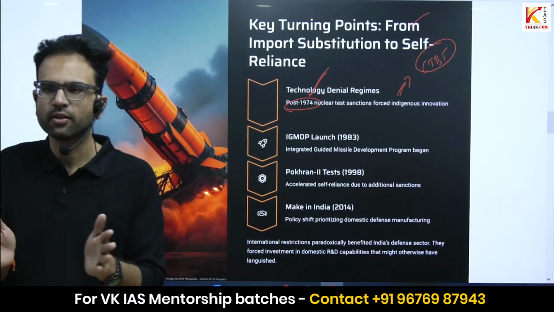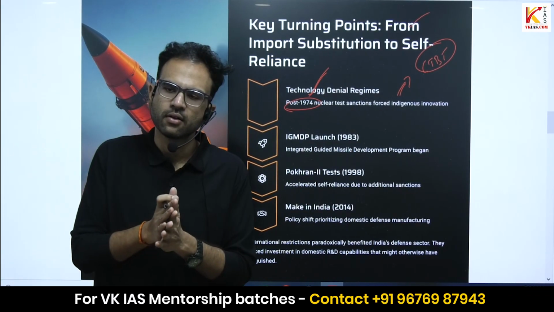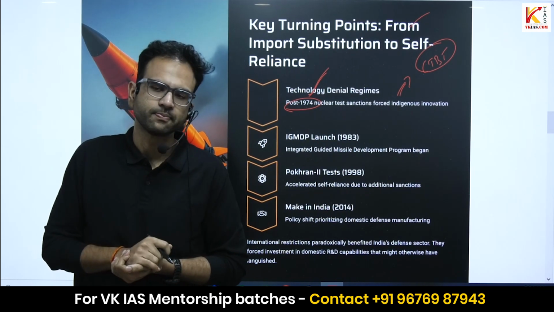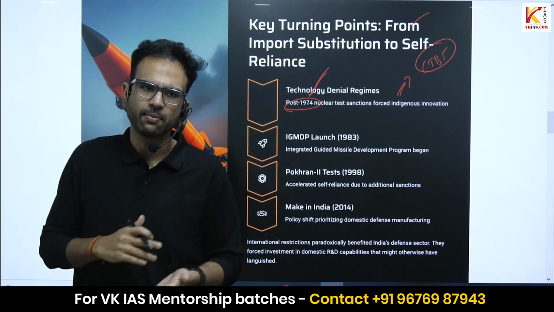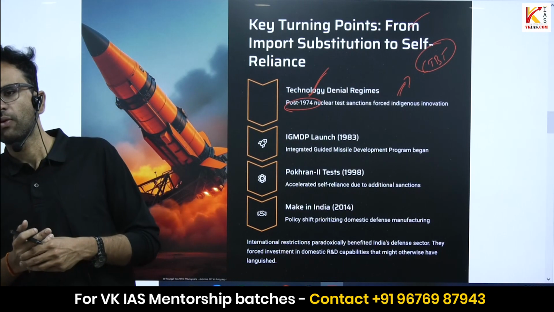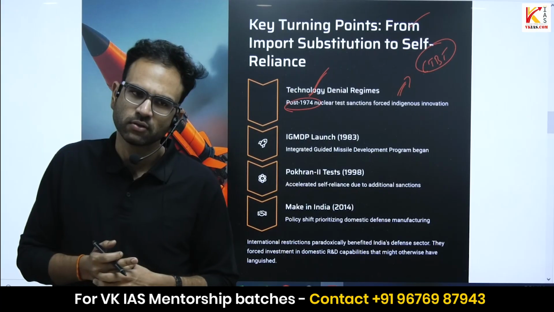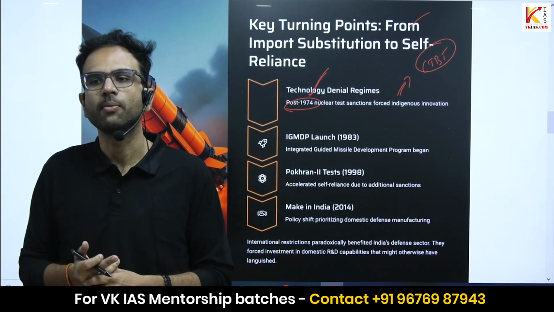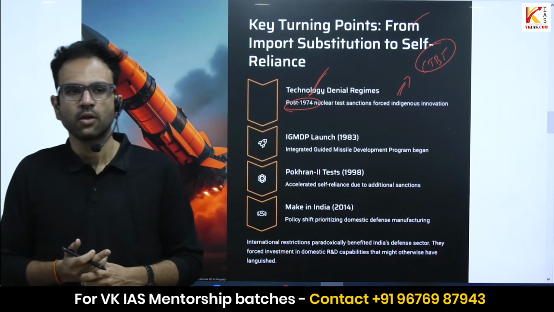But in short, when India carried that test, the world did not like it, obviously. There were a lot of deliberations, international treaties, discussions. India never wanted to be a part of that treaty, obviously, because we want strategic autonomy. Okay?